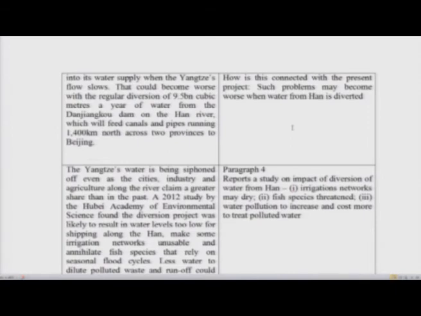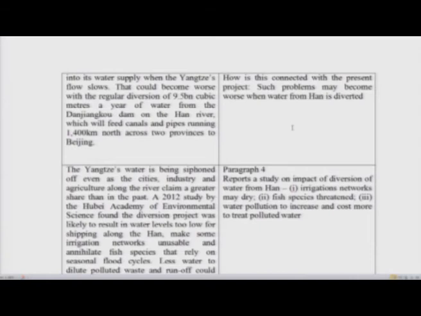So, the previous paragraph talks about problems which are caused by the Three Gorges Dam. These things are very clearly evident already. Now, this paragraph refers to a study. So, this is not just some people's opinion, there has actually been a study, and it predicts that the following problems can emerge because of diversion of water from the river Han.